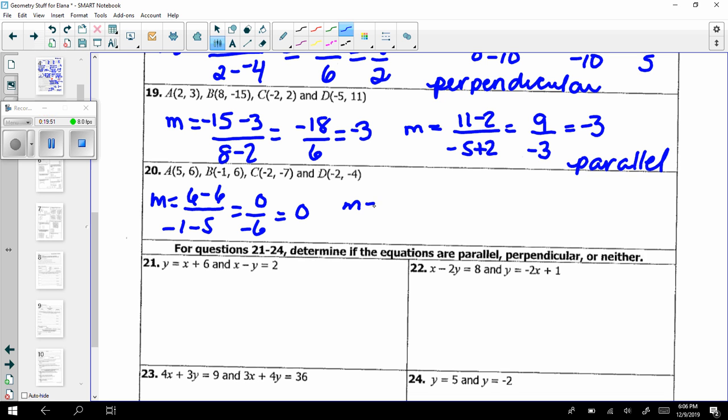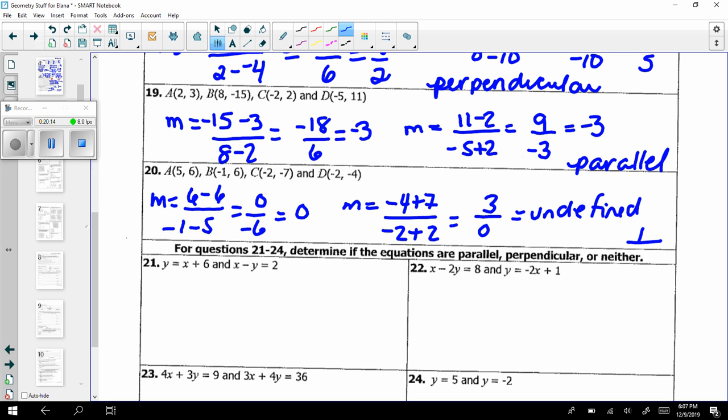And then my other one is -4 minus -7, so that's +7, over -2 minus -2, which is +2. So I get 3 over 0, which is undefined. Now my slopes are perpendicular because one's 0 and one's undefined.